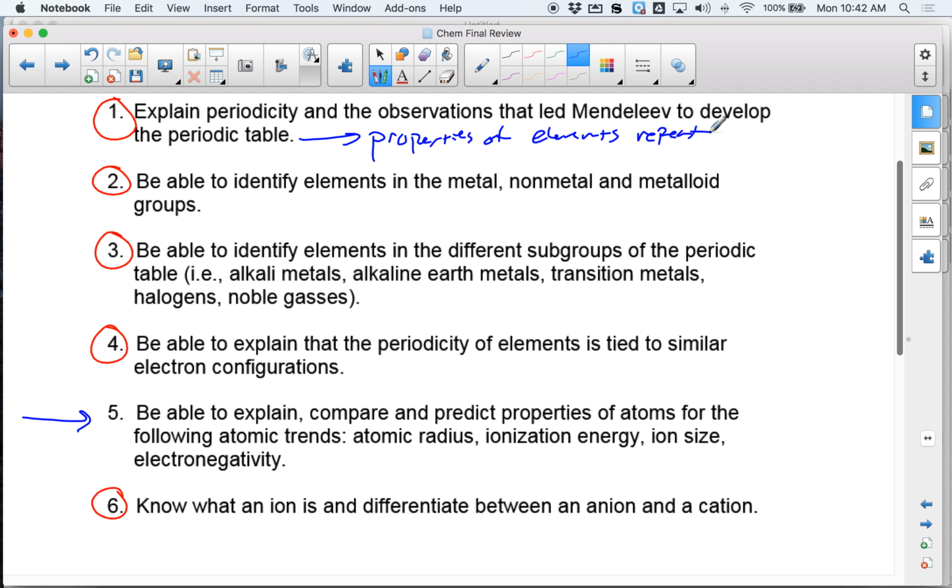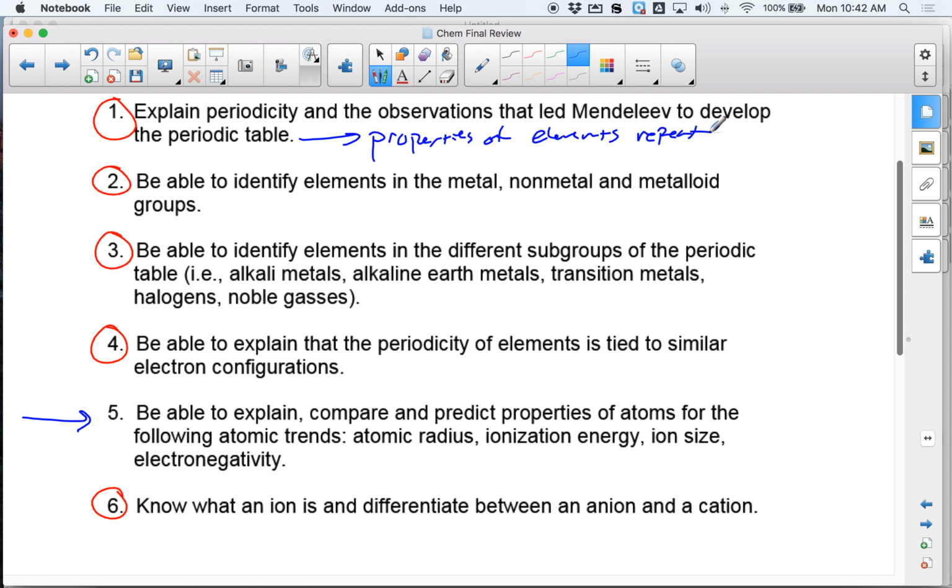So when we look at the properties of silicon and carbon, or oxygen and sulfur, we see they have similar properties. Not the same, there are differences, but they are more similar to each other than other things. Properties of elements repeat.